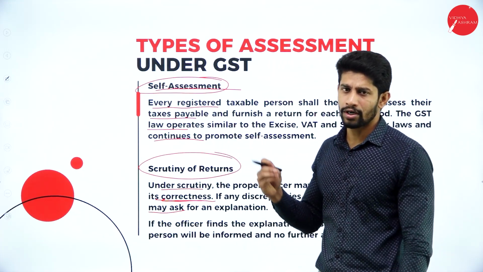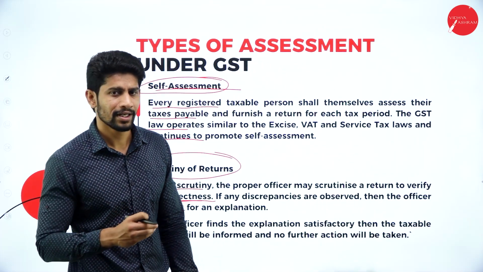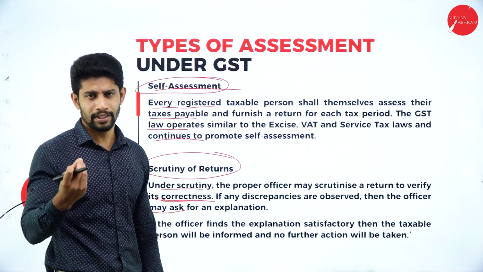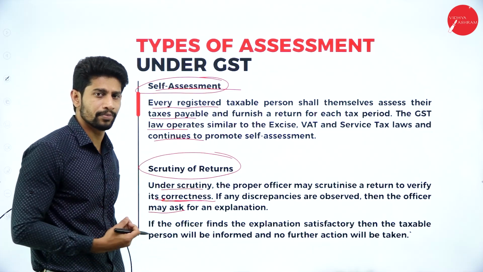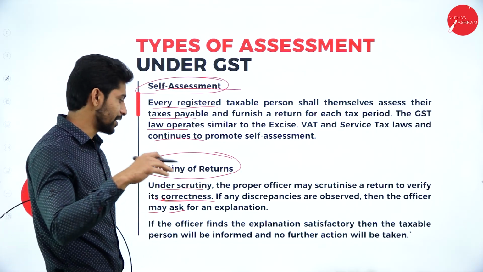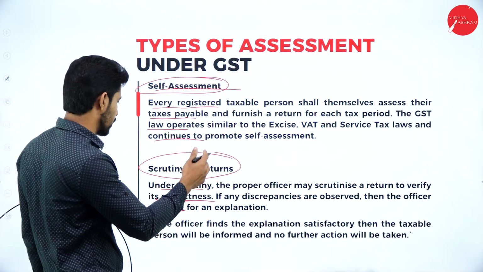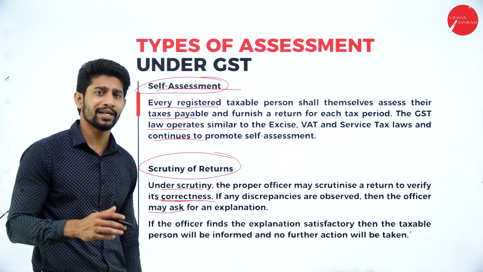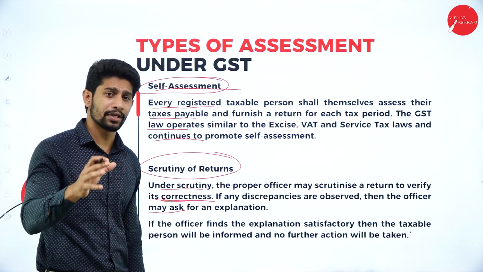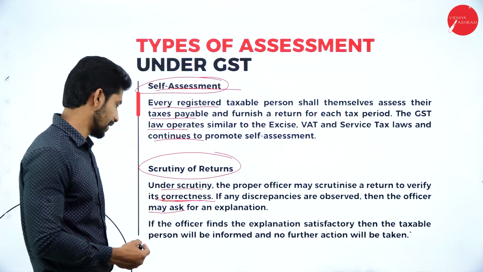If the forms are not submitted properly, the GST officer will inform the business entity or the owner of the business to file it in the proper way, and he might ask for an explanation from the business entity about the forms or the returns filed.